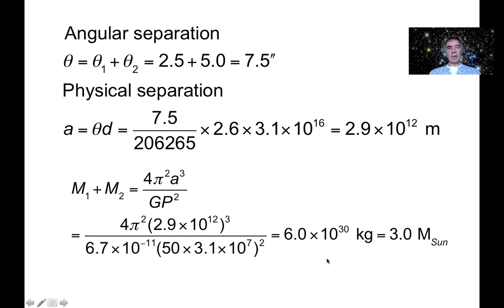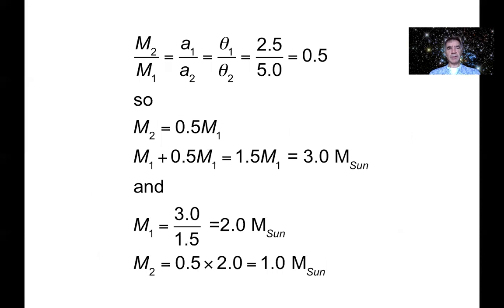And now we need to work out the individual masses. For that, we're going to use the mass ratio. So the mass ratio is given by the ratio of the orbital radii, which, because they're both at the same distance, is the same as the ratio of their angular orbital radii, which is just 2.5 over 5, which is 0.5.